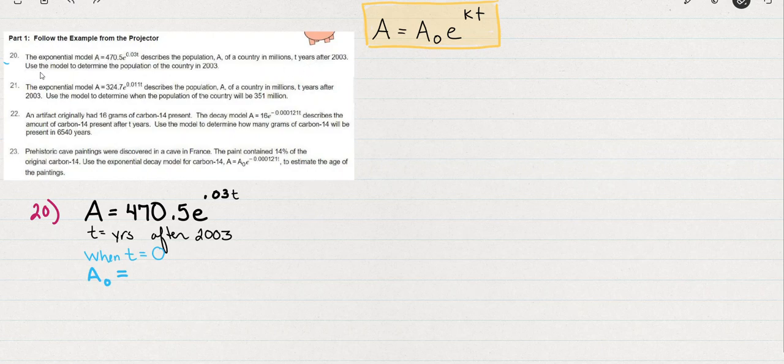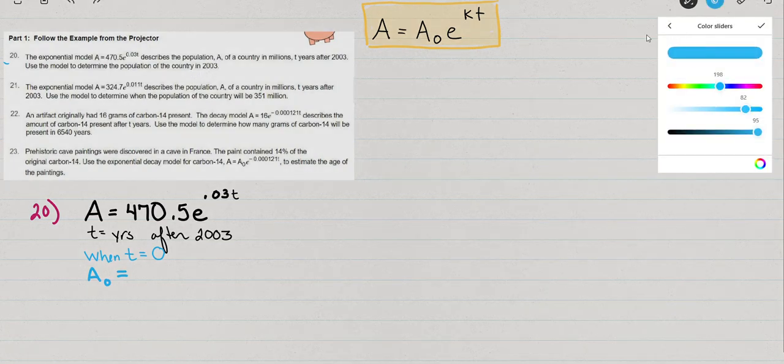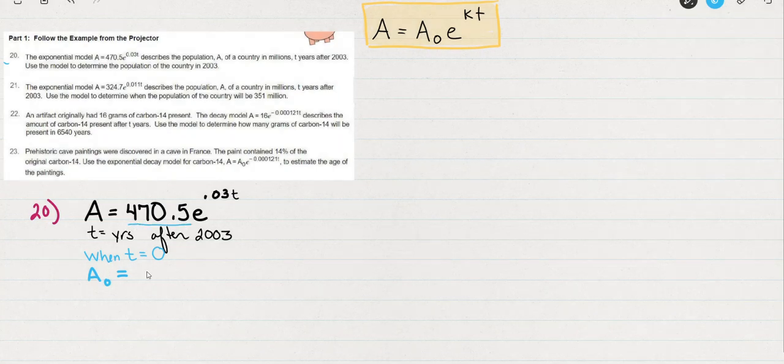So in this question, use the model to determine the population in 2003. All it's asking us for is A naught, the initial amount, the initial population, and that would be 470.5 million. And that's all we have to do.